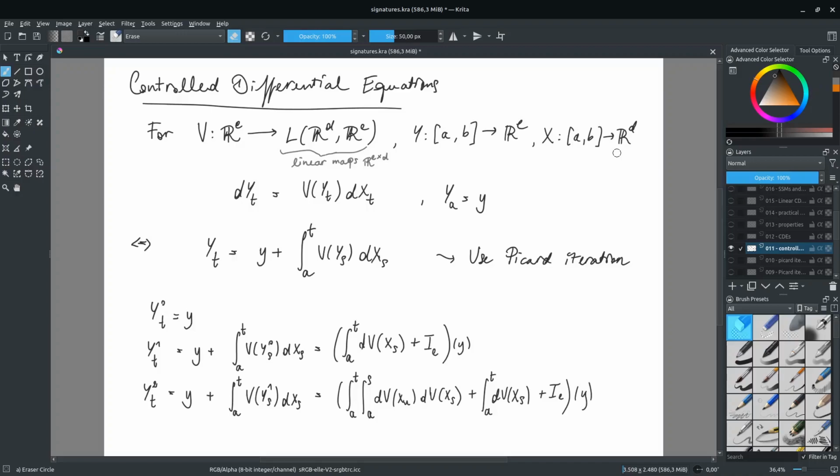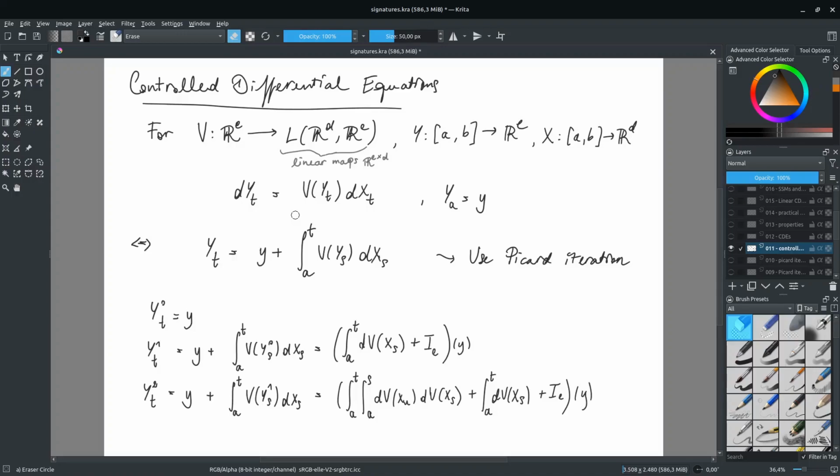And I have some map V that takes some vector in R^e and returns a linear map from R^d to R^e. And then I'll have my state y being driven by x in the following way: the derivative of y at the time t is V of y(t), so that's a linear map, applied to dx(t).